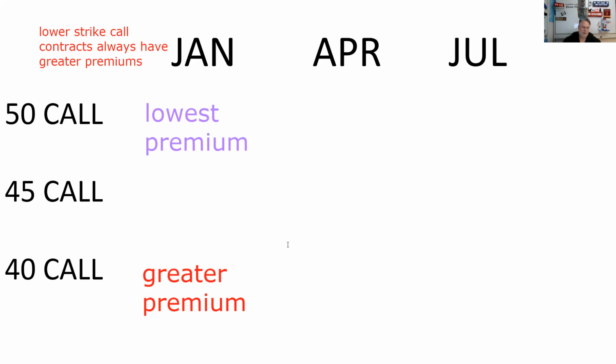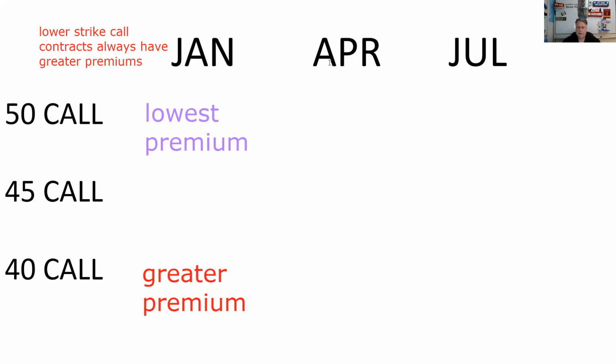So as we look at this, we can determine that if we're going to spread, because remember what a spread is, the difference in the strikes, and if we're going to spread the difference in those two premiums, the difference between the 40 call with the greater premium and the 50 call with the lowest premium, the way we're going to determine whether it's a debit or credit is whether we bought or sold, right?